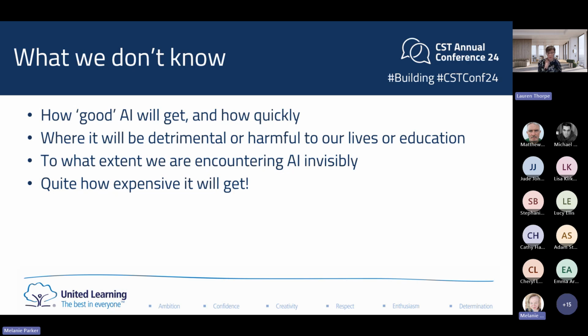We need to think about what that means and how we're using the technology, and the extent to which we're encountering AI invisibly. We already are in lots of tools that we use in our phones, and across other things we do online. They are using our data and our personal information to help us.